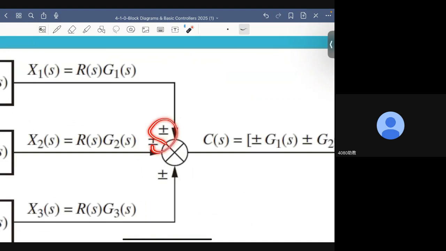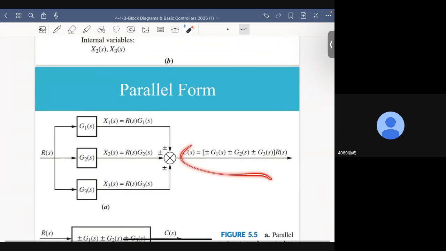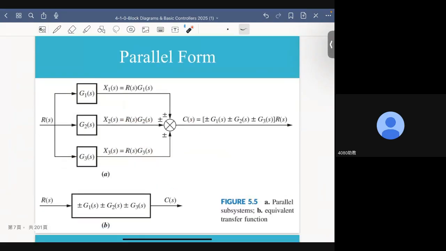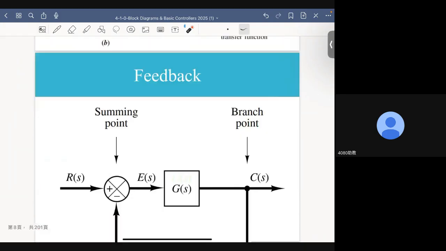It can be positive, which corresponds to addition, or minus, which corresponds to subtraction. The resulting output is the algebraic result of the subtractions and additions, and that is what the output looks like. If you want to reduce it into one simple system, then this is the input, this is the output, and this is the corresponding transfer function.